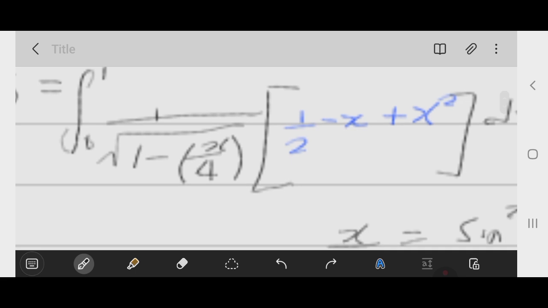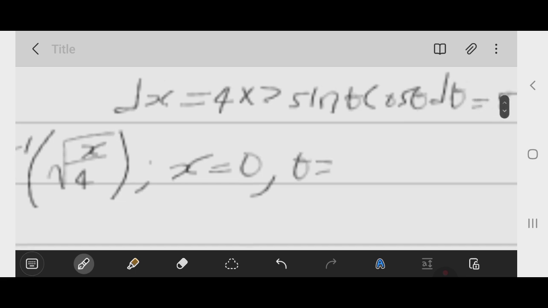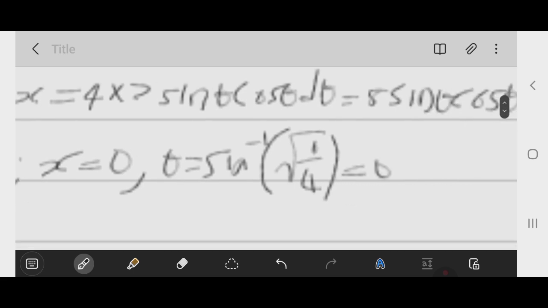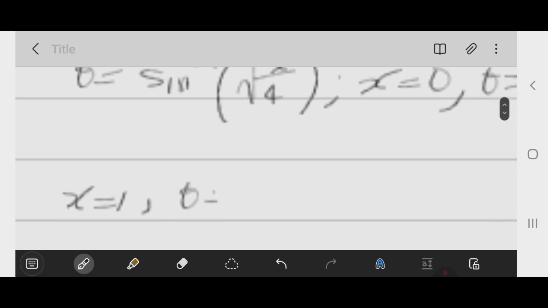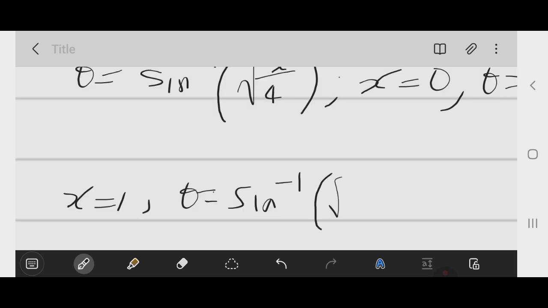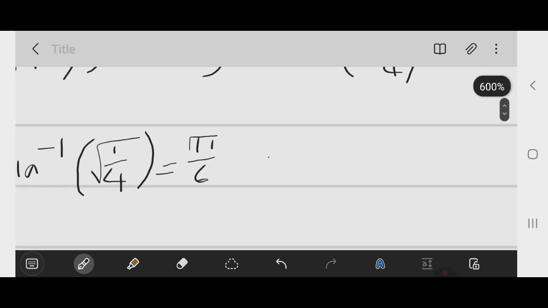Making substitutions, when x is 0, theta after the evaluation becomes 0. When x is 1, theta becomes pi over 6.